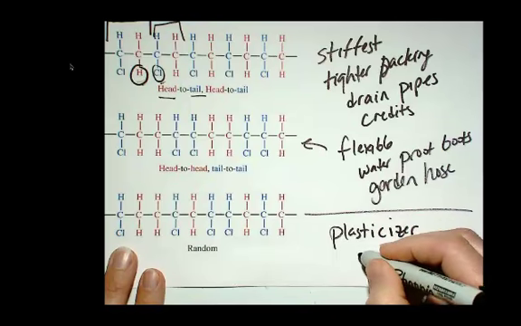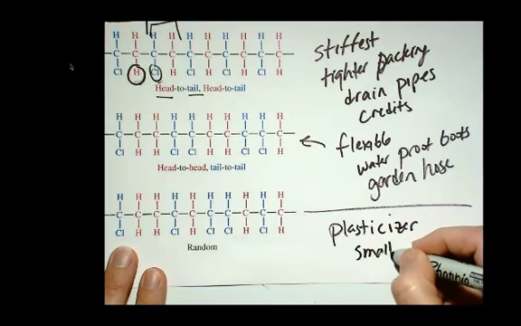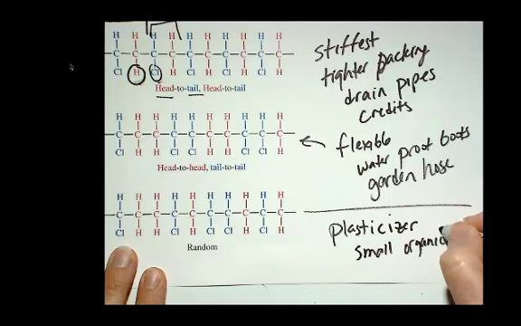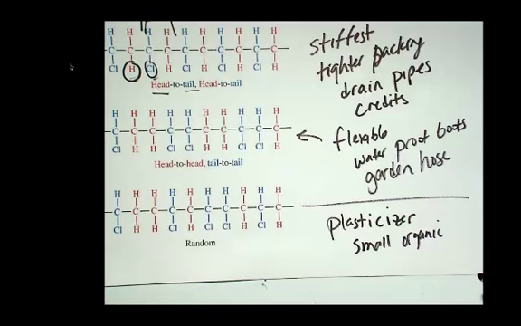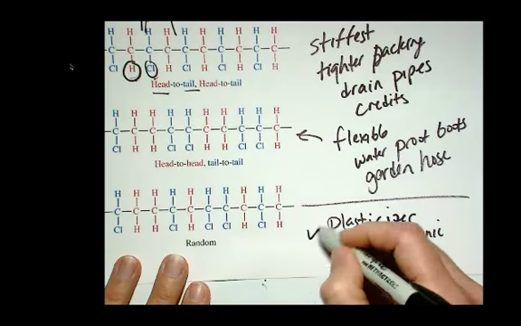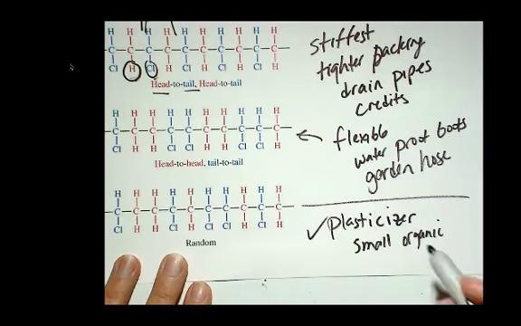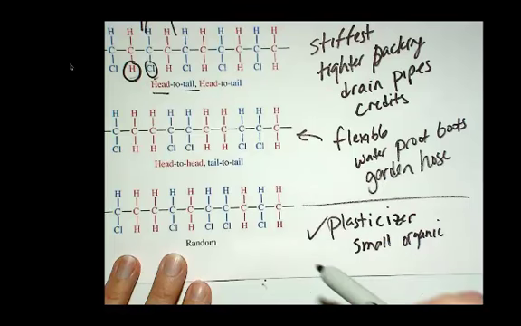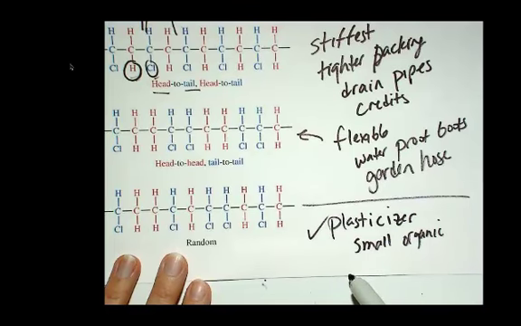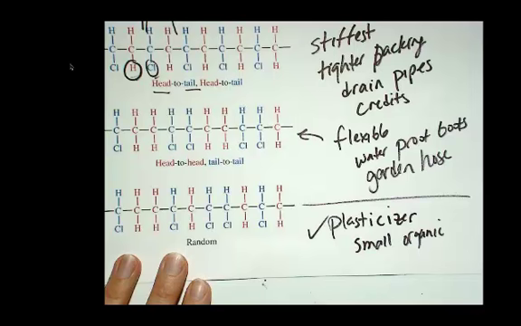A plasticizer is normally a small organic molecule that just gives a little bit more space, a little bit more flexibility to the plastic. But there's problems with plasticizers, which you'll read later, which some of them have been found to be carcinogenic, because they can leach out of the plastics. But nevertheless, PVC is a common plastic to have a plasticizer added to it to give more flexibility.